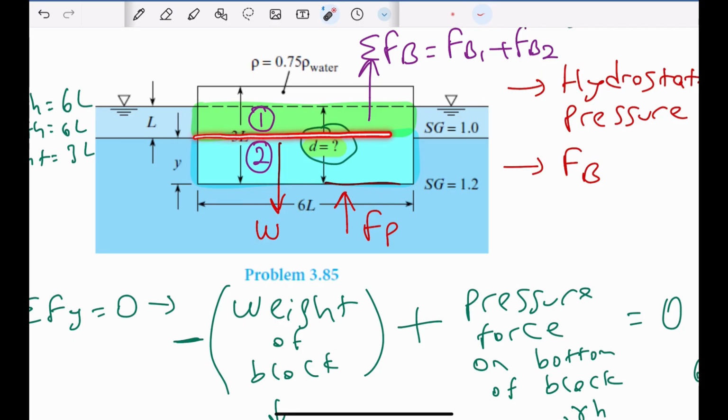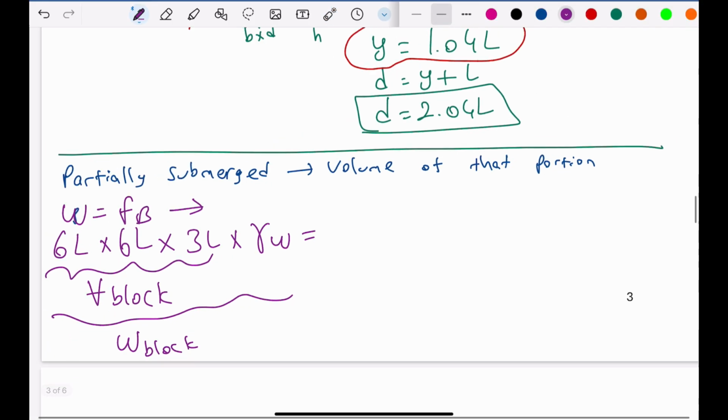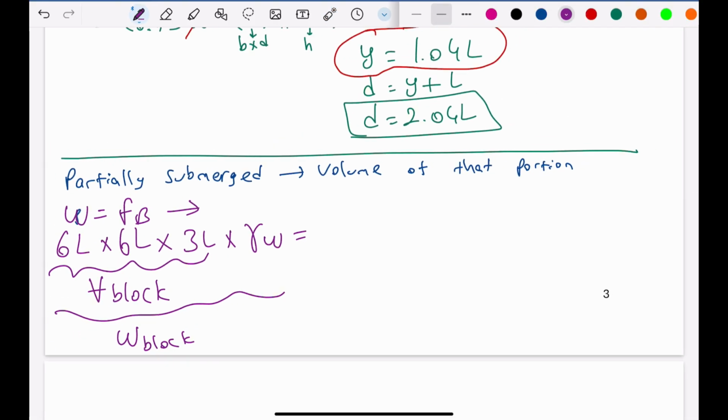So we will have 6L, we will have L, and we will have a depth, which is also 6L. So let me write this. So this is general buoyancy equation, specific weight times area. So let's say this is first one.